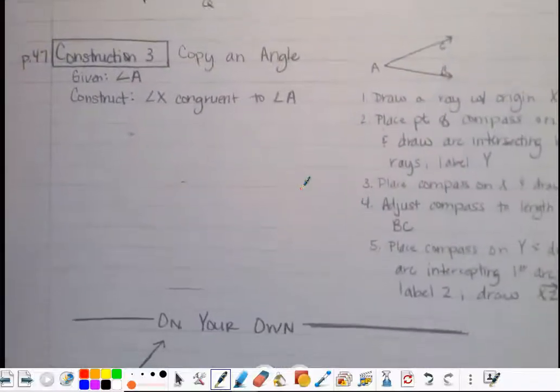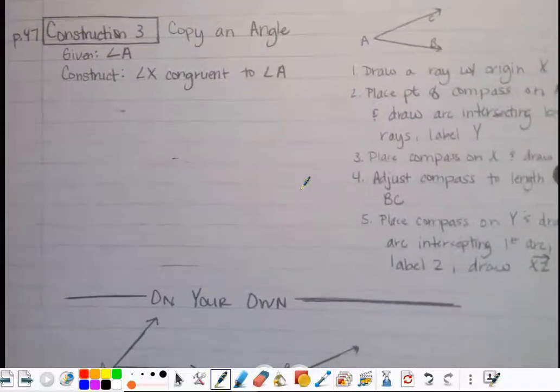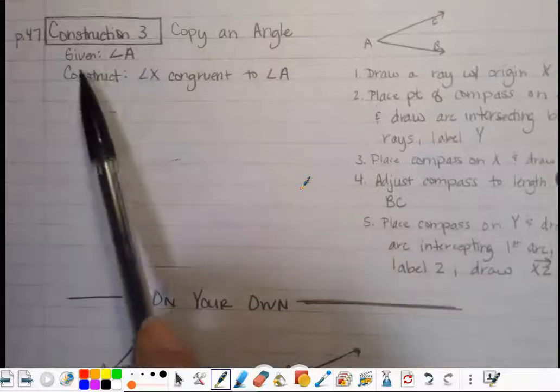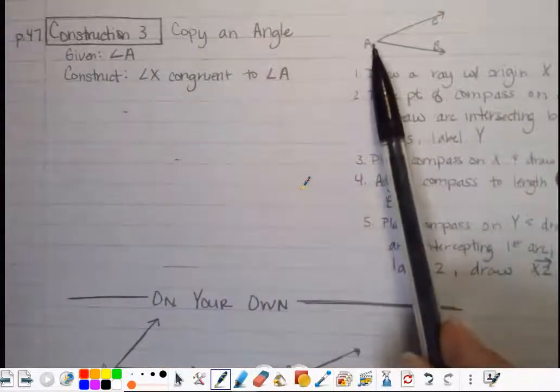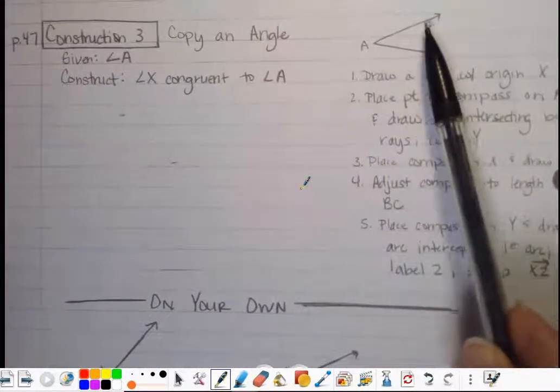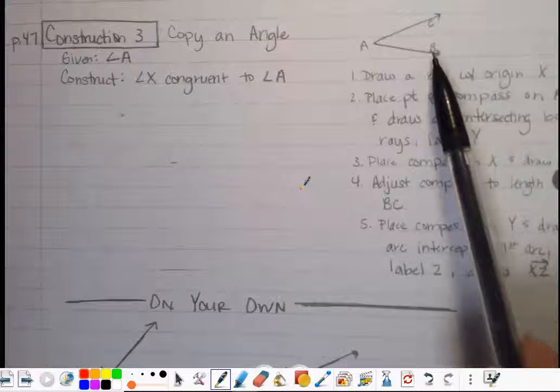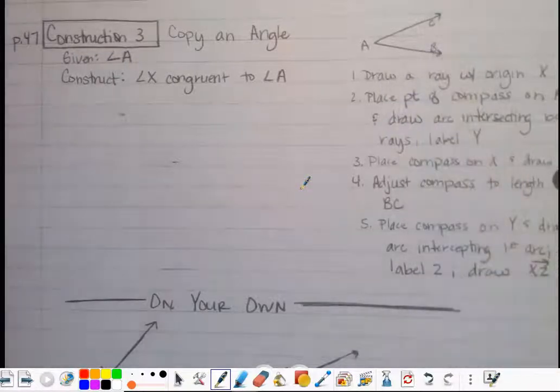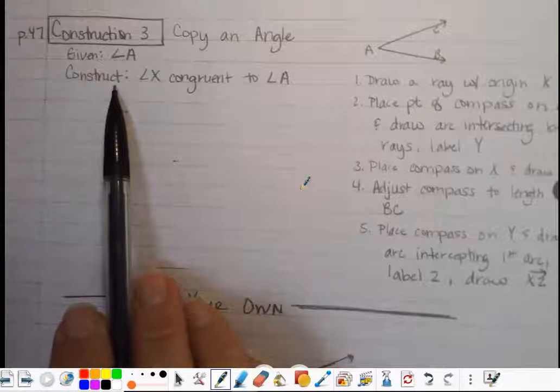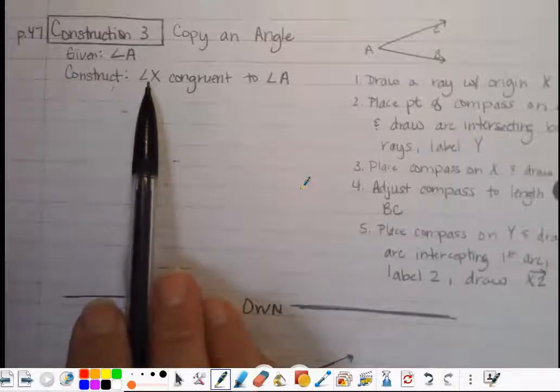We're going to copy an angle this time. We have given angle A. It's over here, right? It's angle CAB or angle BAC, either one. And we're going to construct what? What does it say?